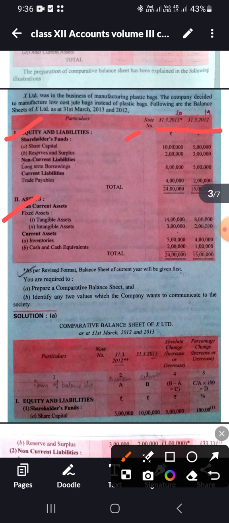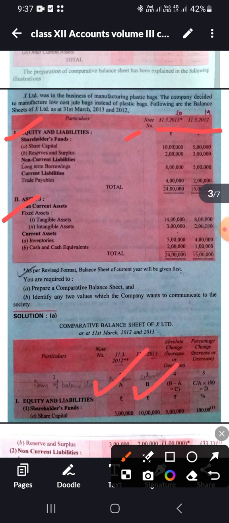2013 is the current year as per this question, because it is more current than 2012, and 2012 we have to consider as the previous year. So in column A we have to write down the previous year, in column B we have to write down the current year.